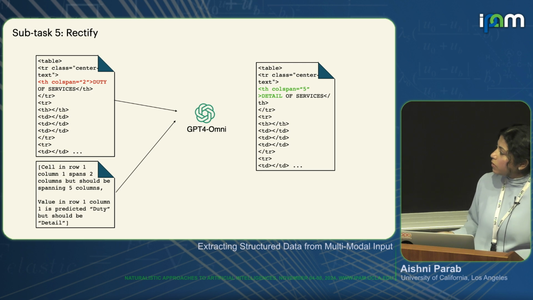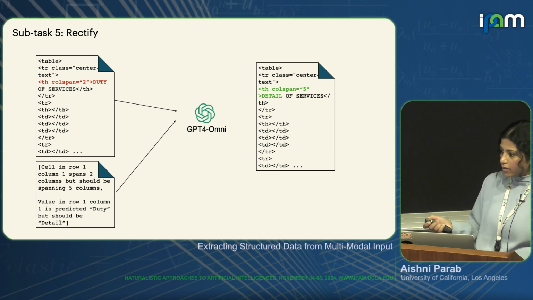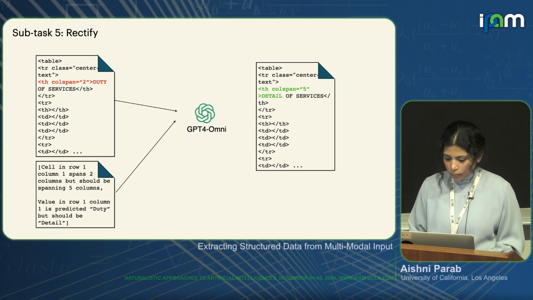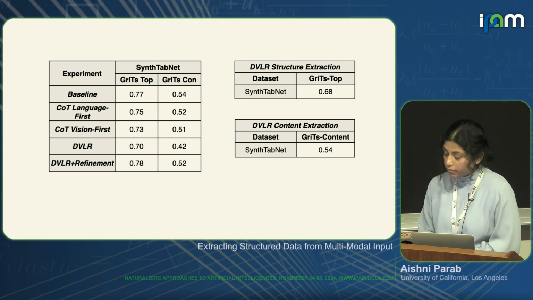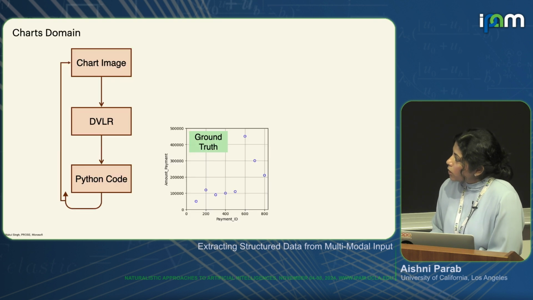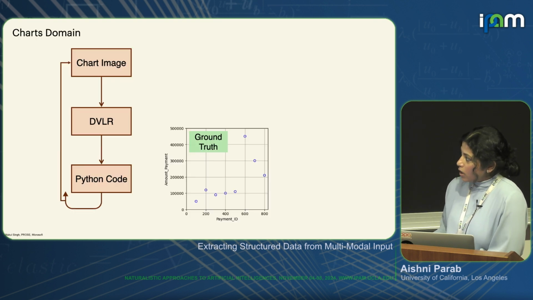Then we would provide the feedback and the HTML template to GPT-4 Omni again and ask it to rectify the original structure. With refinement, we saw a slightly improved performance over without refinement, but still very comparable to baseline, not impressive.